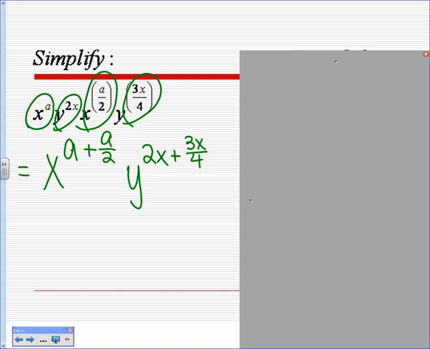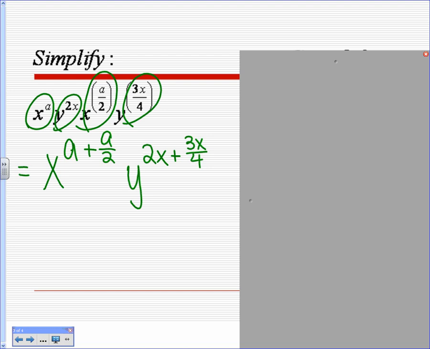But if you look here, will these two combine? What is a plus a over 2? What's the number in front of this a? A 1. What's the number in front of this a? 1 over 2, right?